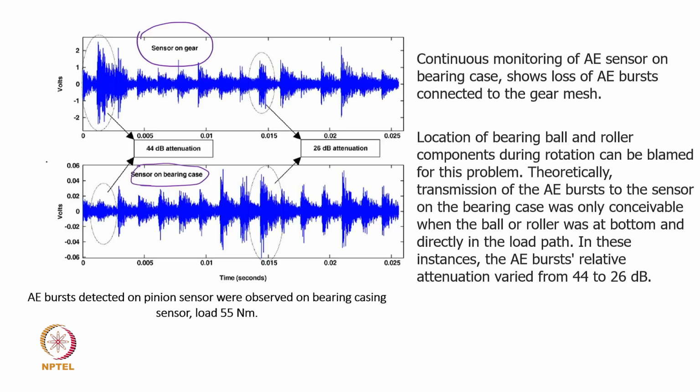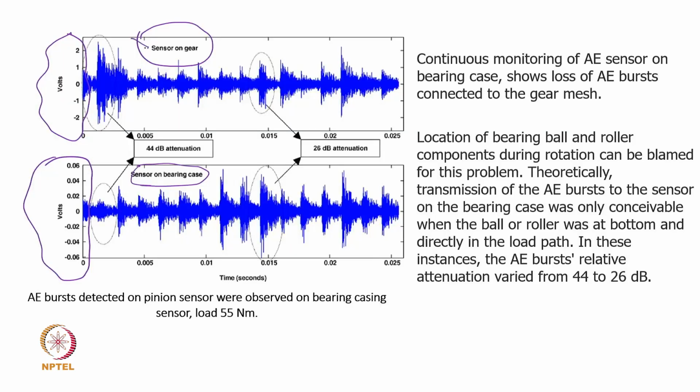You can see here the values they are showing are far lower compared to the values shown on the gear. So, what they indicated is that mounting the acoustic emission sensor on the bearings is not really giving good results. It will have a poorer signal to noise ratio, and we need very heavy post processing to really extract the fault.